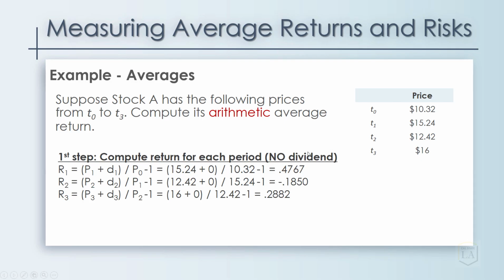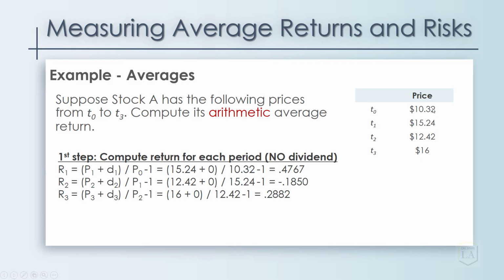So let's assume there was no dividend. So dividend will all be 0 over the time period, and you would like to compute the return for each period. Then what needs to be done is you just plug these numbers in the right places. So between time t sub 0 to t sub 1, which would be return 1, it will be 15.24 divided by 10.32 minus 1 in the end.